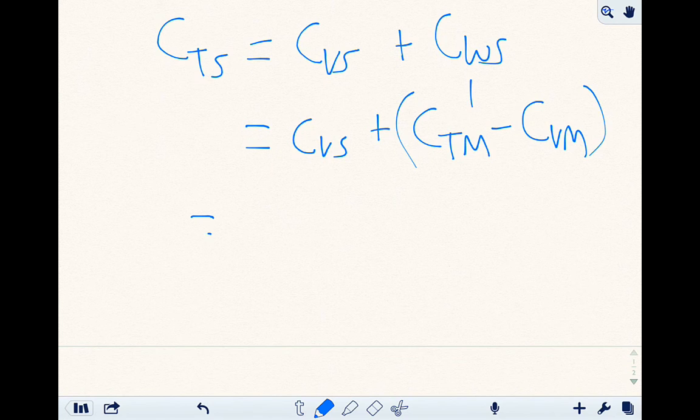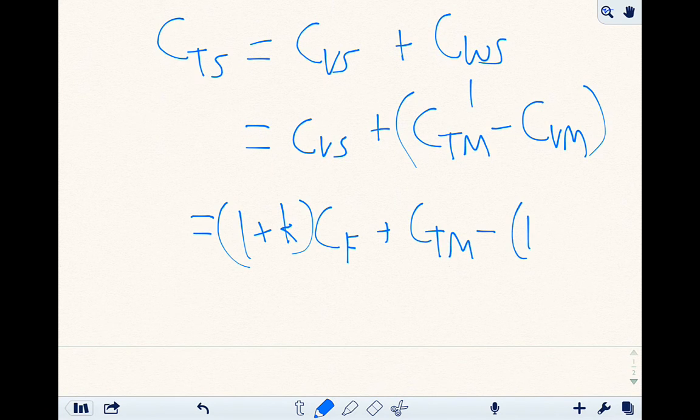So this is going to be equal to 1 plus K times CFS, plus CTM minus, running out of room, 1 plus K times CFM.